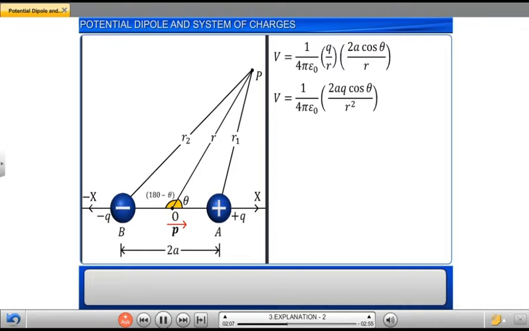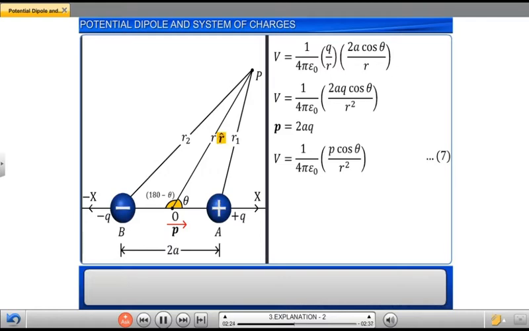We know that the dipole moment P is equal to 2aq, and hence net potential V is equal to 1 by 4 pi epsilon naught P cos theta by r square. Let this be equation 7.